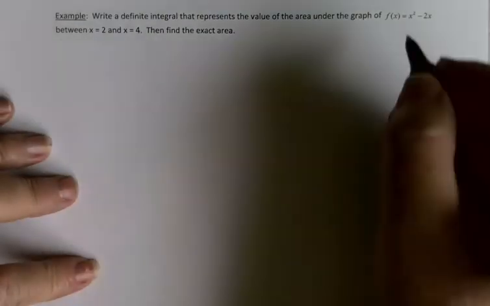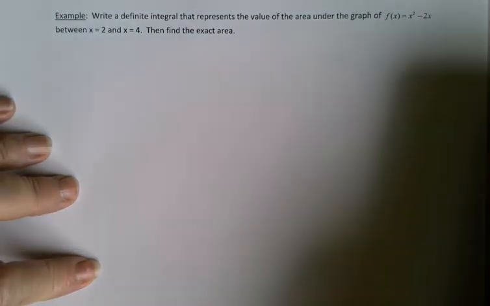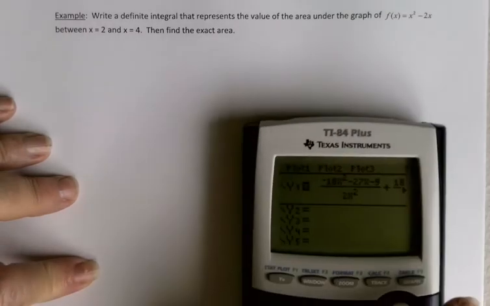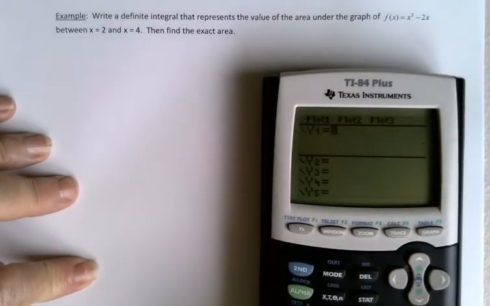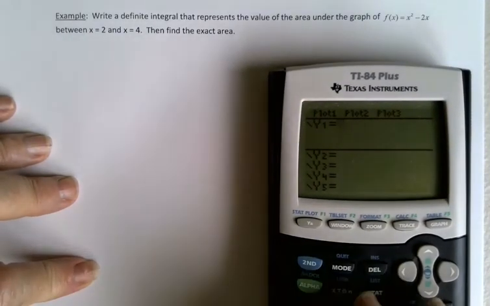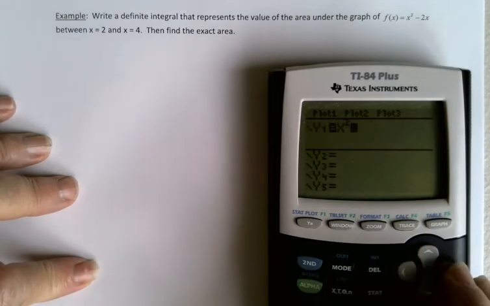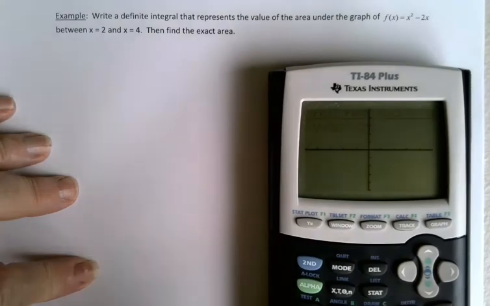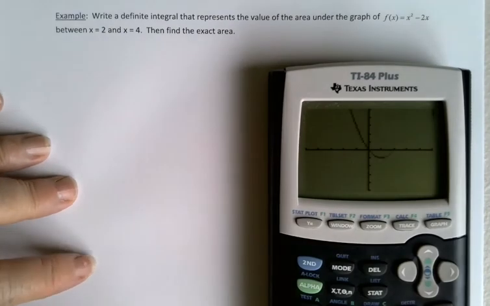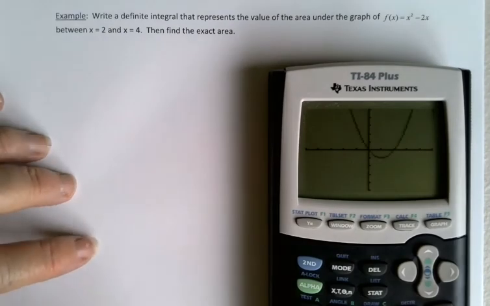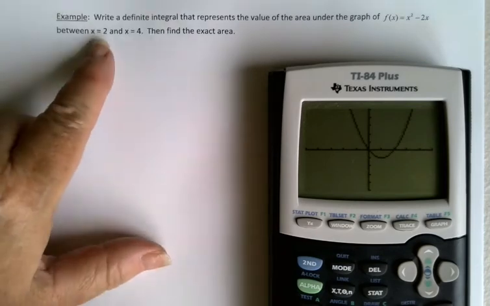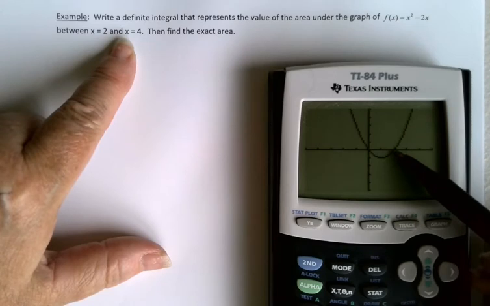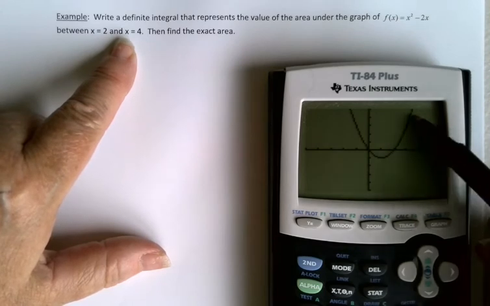So I'm going to start just by sketching this. Again, never hurts to use a calculator for that part, right? Or Desmos or whatever you're using. And looks like we've got a right side up parabola this time. Between x equals 2 and 4, x equals 2 is the x-intercept here, so I'm looking at this little section kind of over here.